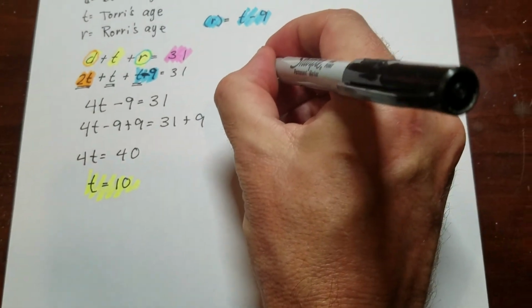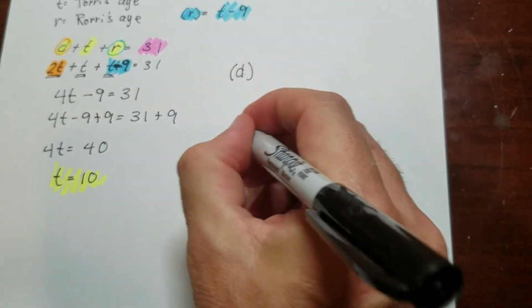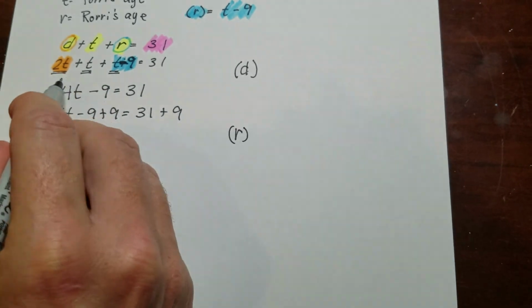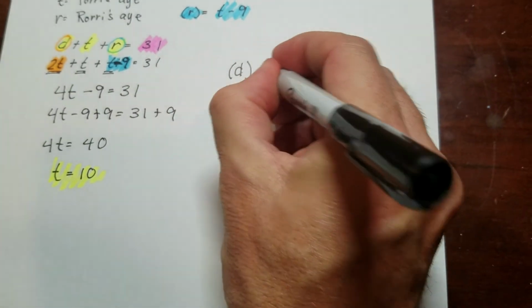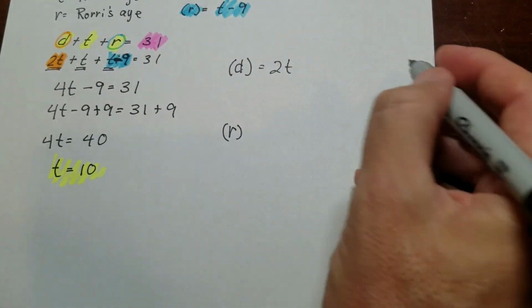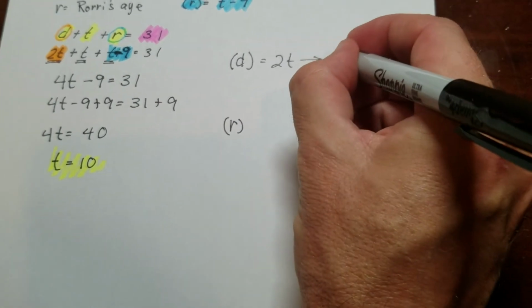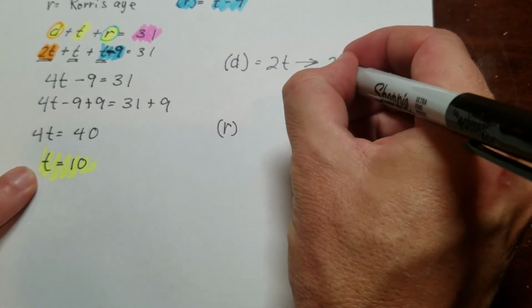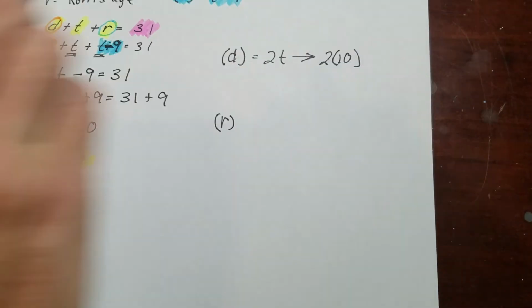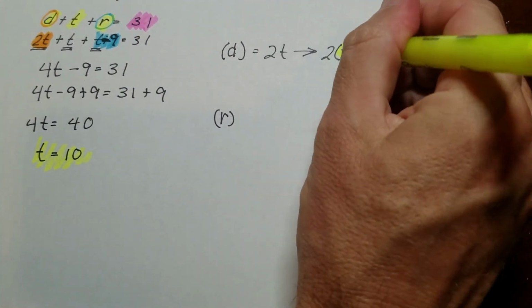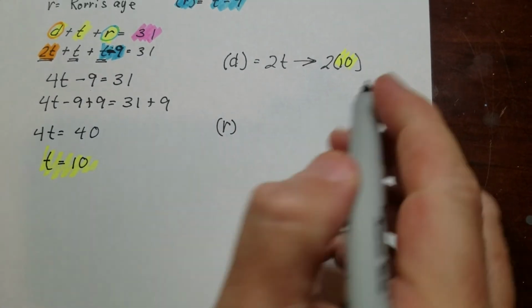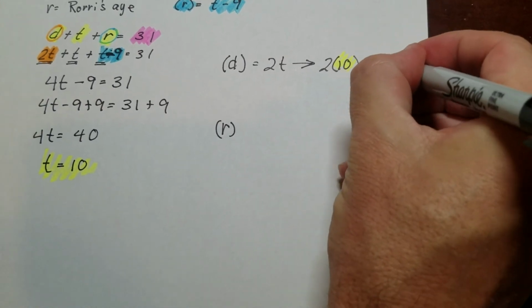And then what I'm going to do is I'm going to go back to these 2 things. So I need to figure out what Dory is, and I need to figure out what Rory is. Now Dory we know is 2T. Right? So since I know T is 10, I'm going to pop a 10 in right there. And then you can see that Dory then is 20 years old.